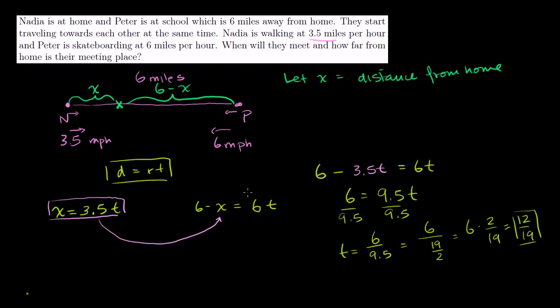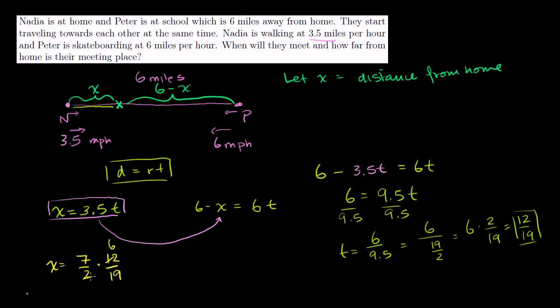And then if you ask the question, how far from home will they meet? If you want to figure out the x value, x is going to be equal to 3.5. Or actually, instead of writing 3.5, I can write 3.5 as 7 over 2, times our time, times 12 over 19.